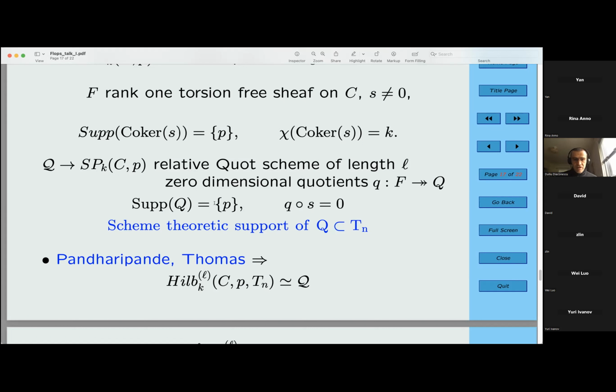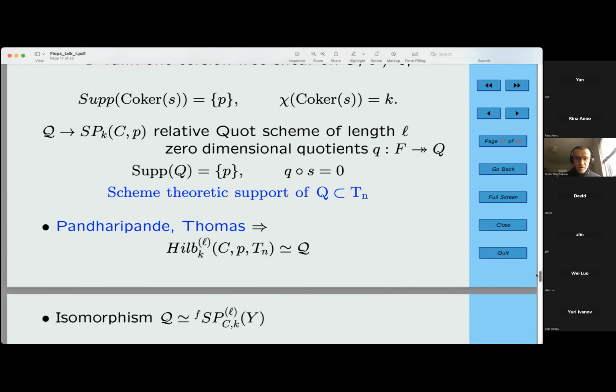Namely, they are of course supported at P. The projection map applied to the section s is 0, and then there is a scheme-theoretic condition: the quotient is scheme-theoretically supported on this fixed zero-dimensional subscheme T_n. And then we can use results of Pandharipande and Thomas. Since C is a plane curve, in particular it's Gorenstein. It has a locally free dualizing sheaf.